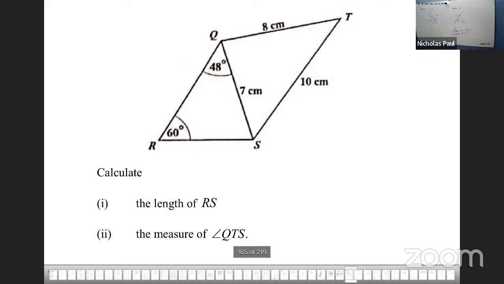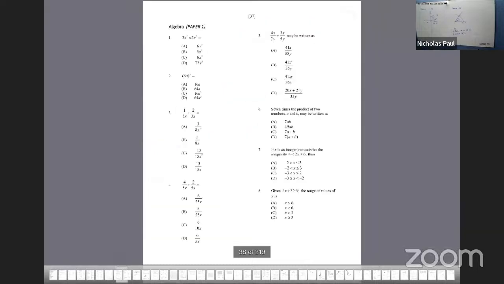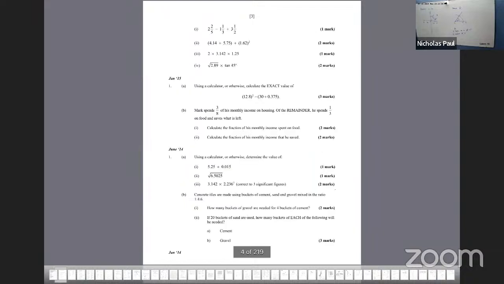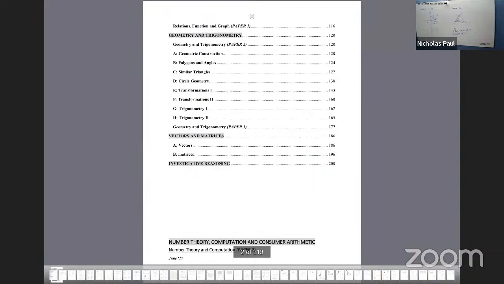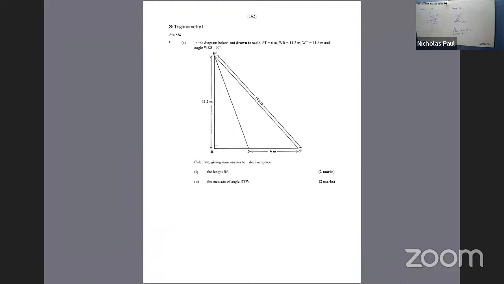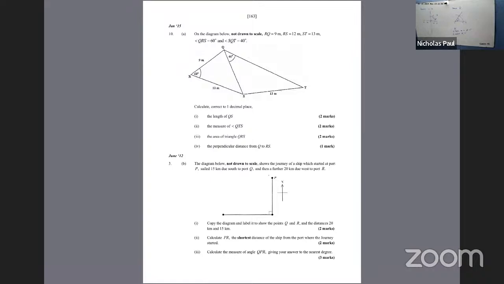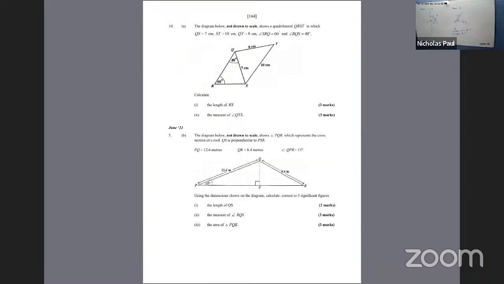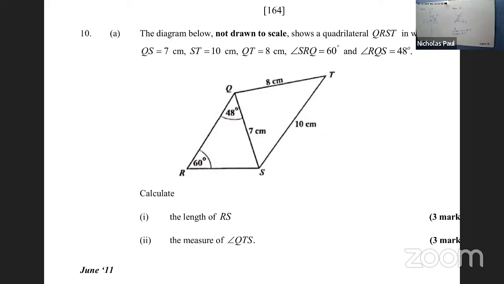Right, let's check out the first one. Oh gosh, I lost it. Stick to three all the time. I think that was PhD. Your diagram.